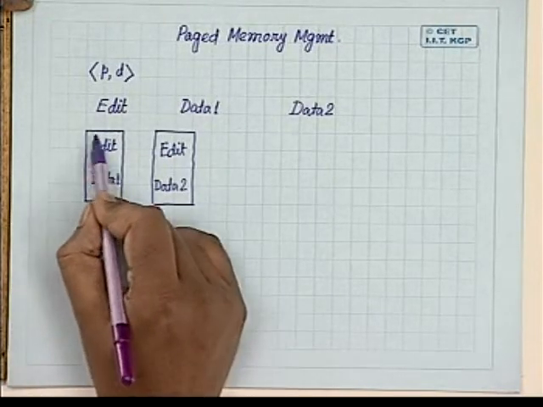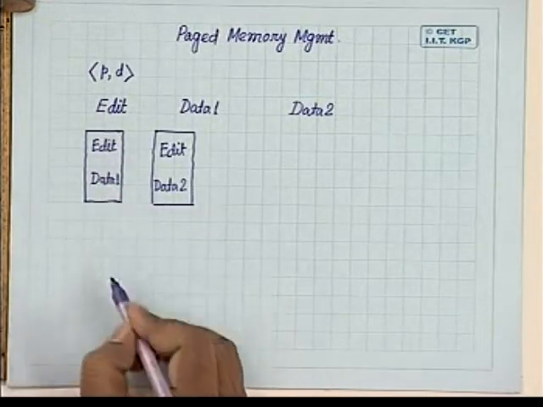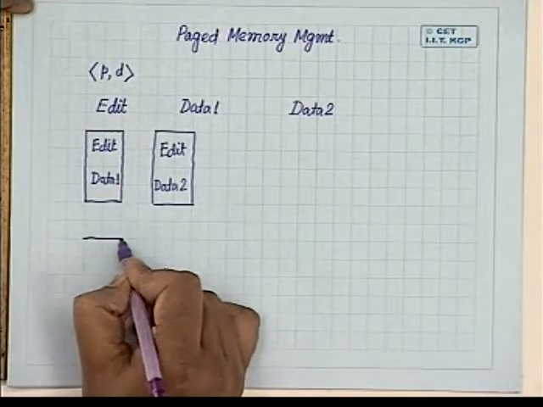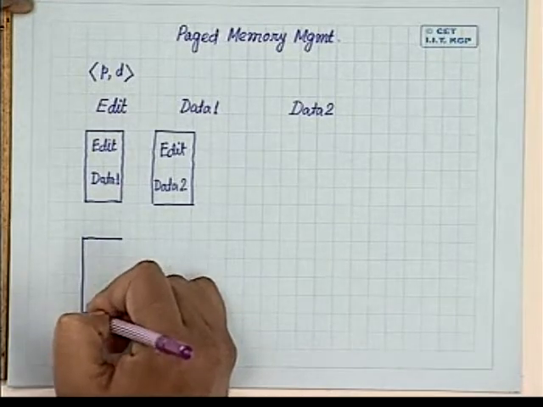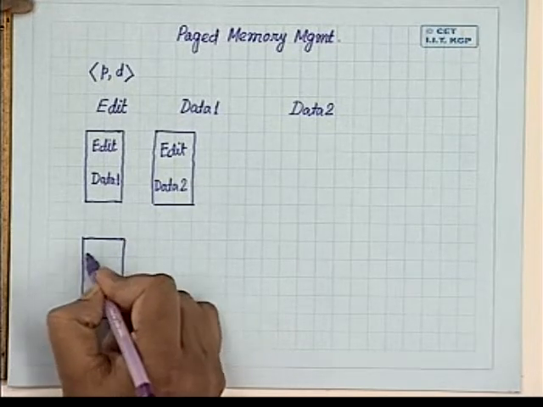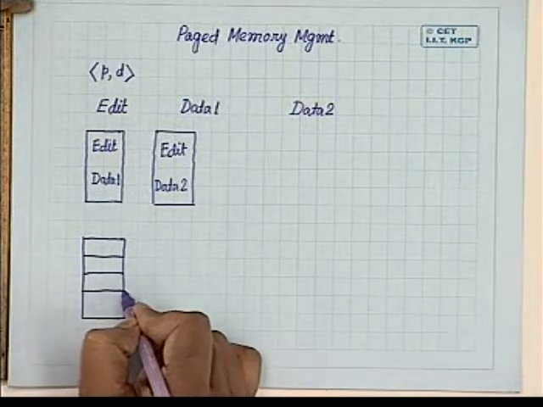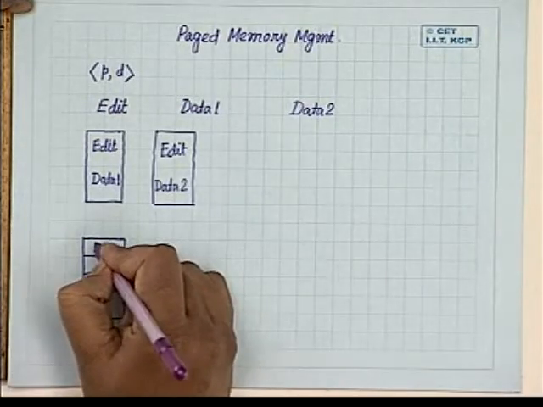Okay. So if I break this logical address space of user 1 into a number of pages, it can appear something like this. I'll have a number of pages for edit. So for edit, I can put it like this.